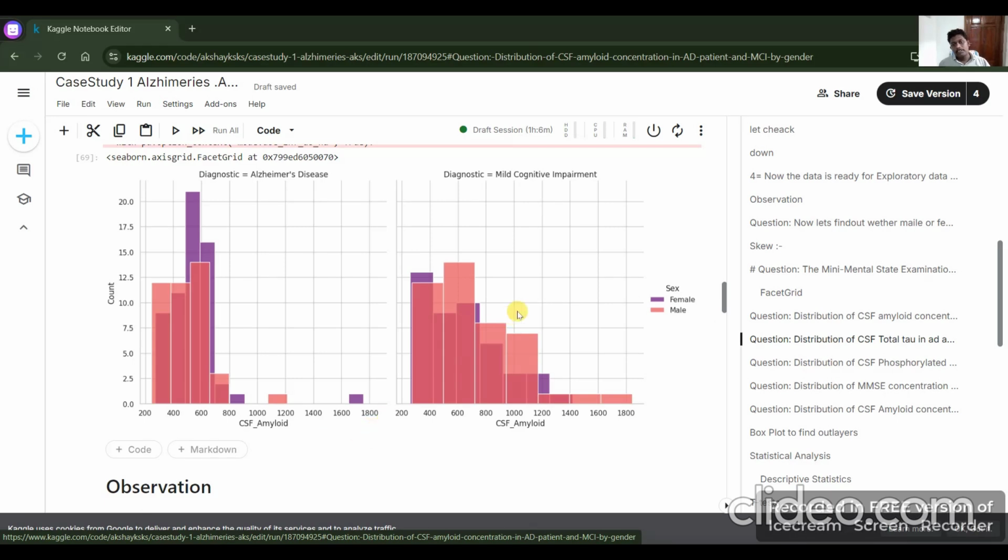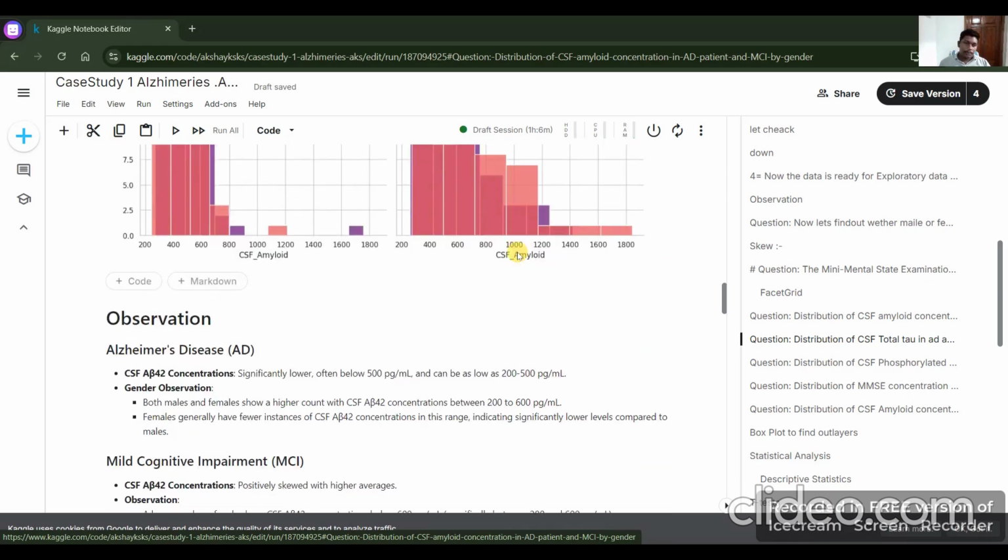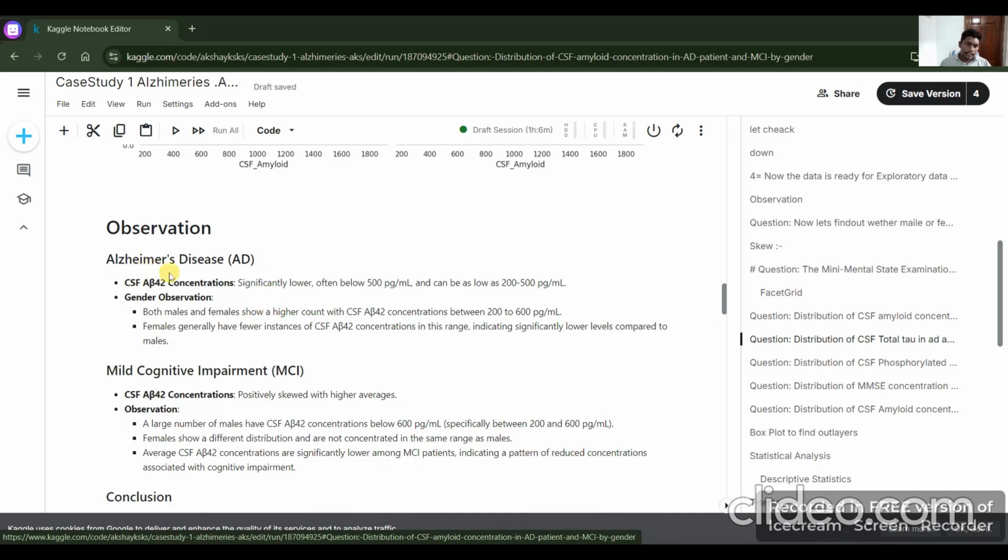CSF amyloid graph variation. Then observation is Alzheimer's disease AD, often lower than 500 pg/ml and can be as low as 100 to 500 pg/ml.